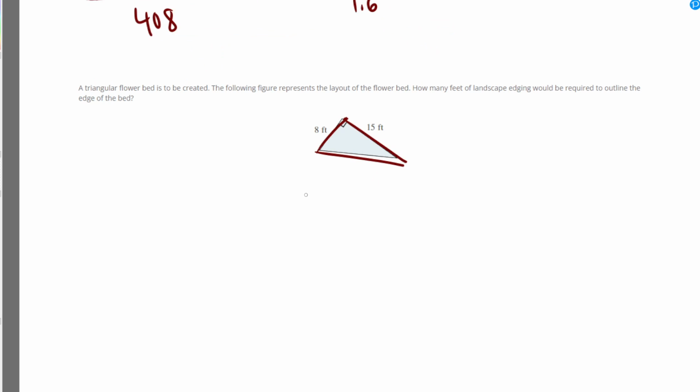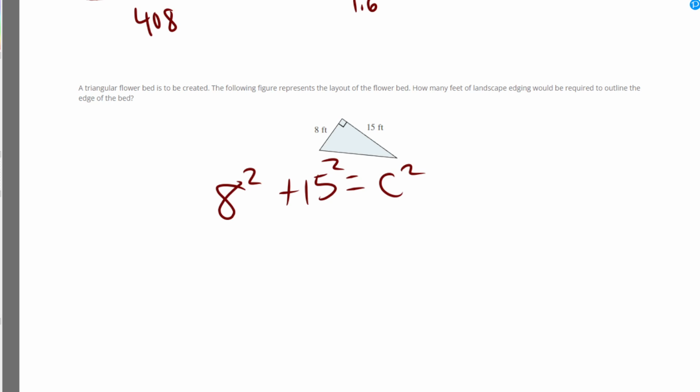To do that, we can use the Pythagorean Theorem. Since this is the hypotenuse, because it's opposite the right angle and it's the longest side, we can do 8 squared plus 15 squared is equal to c squared.